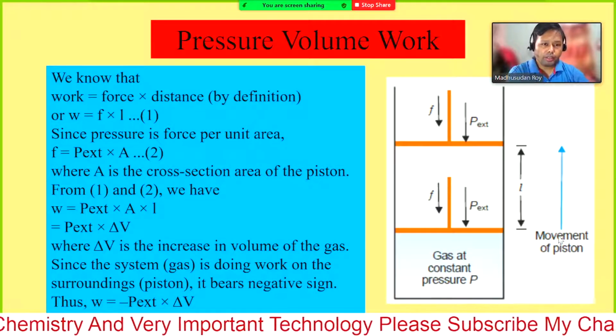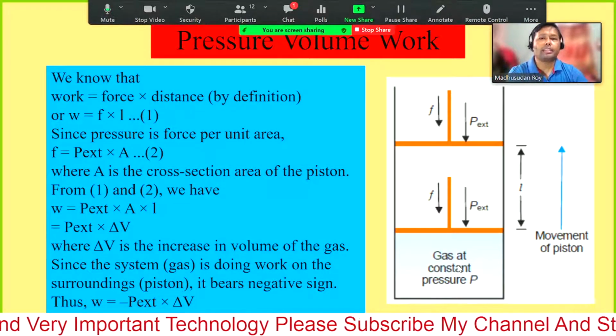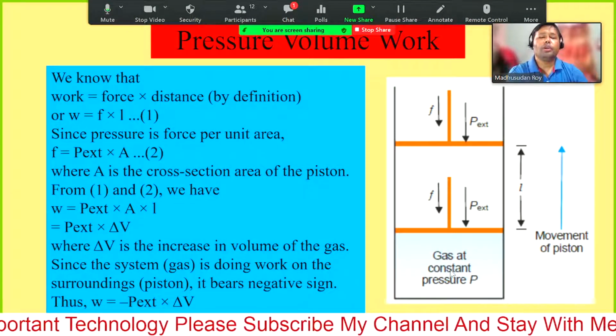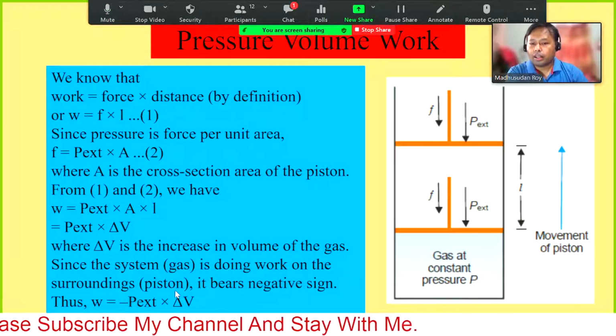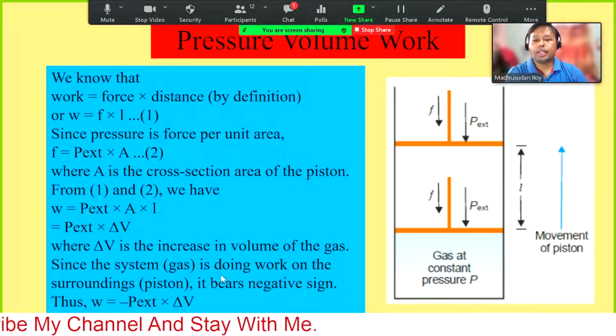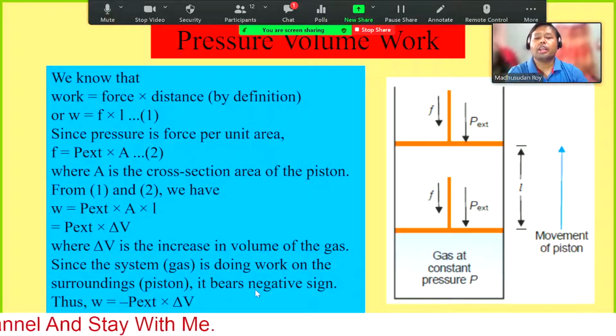So if we increase the volume of the gas, since the system is doing work on the surroundings, it bears a negative sign, thus W equals minus P exert A into delta V.